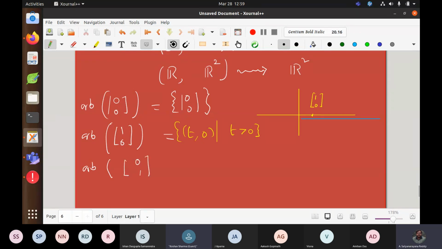0 1, okay. What about this? That will be the positive y-axis. Positive y-axis, right, with t greater than 0.